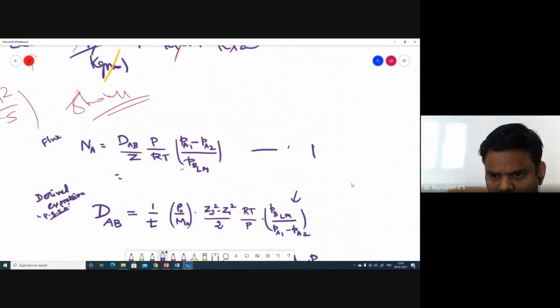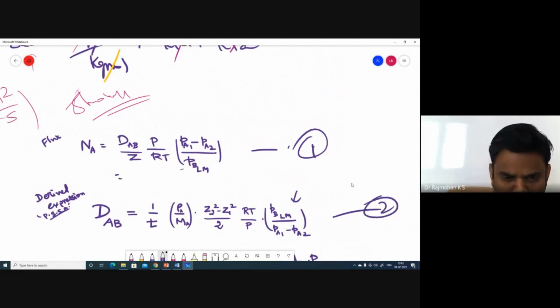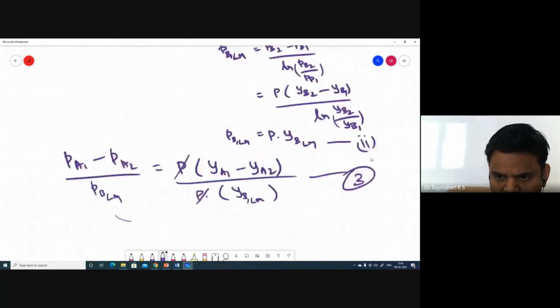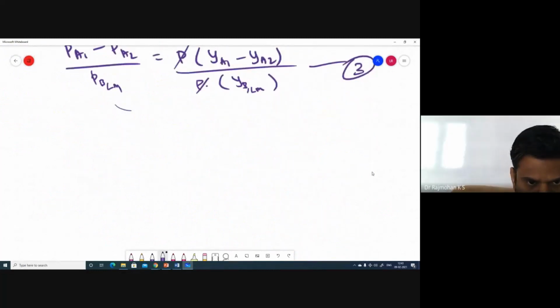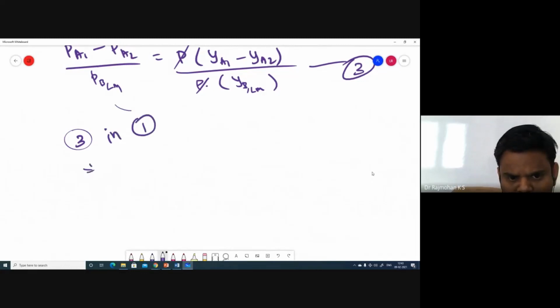So here we have condition 1, condition 2. So you can substitute that 3 in 1 and 2. You are going to replace this equation and this one to get the required expression in terms of YA. Please write down what 3 in 1 gives us and what 3 in 2 gives us.